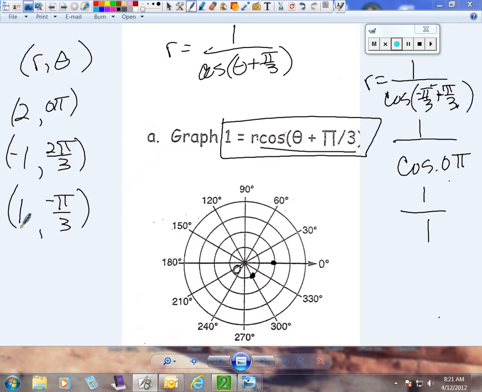Now, oops, look what happened though. Isn't that the same dot? Yeah. So that means I need to pick another one. I need a third point. Let's see what else I chose here. I do that on purpose because you're going to run into that and you need to have 3.